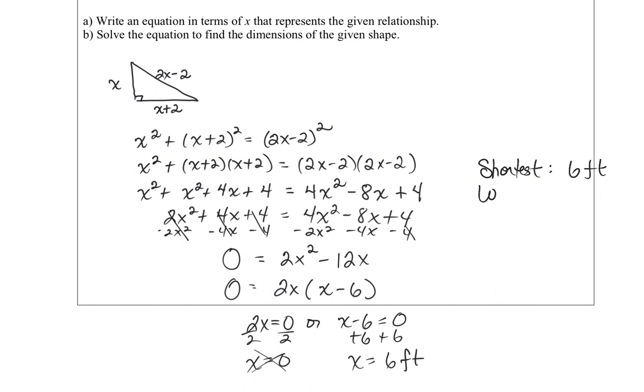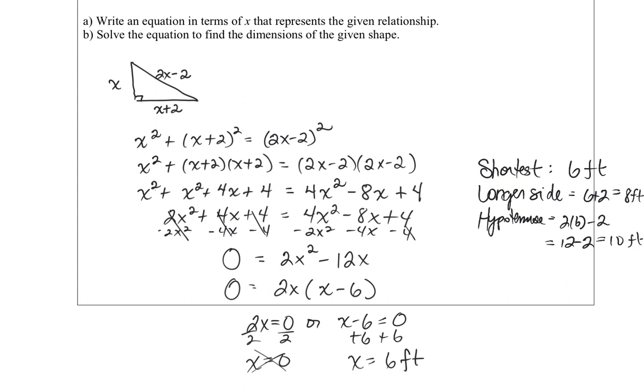The longer side is x plus 2, which is 6 plus 2, 8 feet. And then the hypotenuse is 2 times 6 minus 2: 12 minus 2 equals 10 feet.